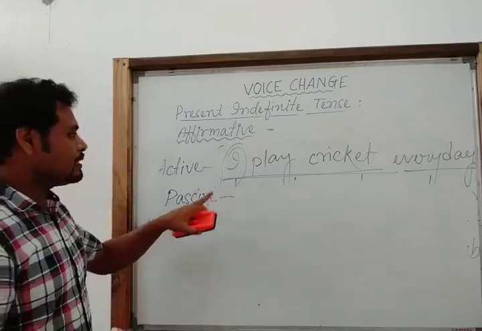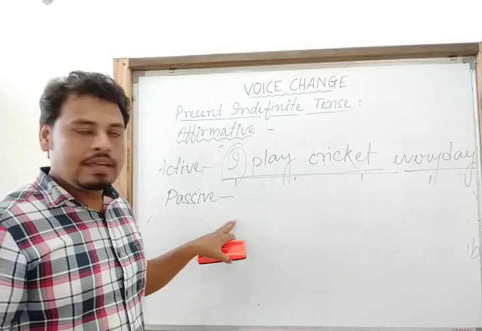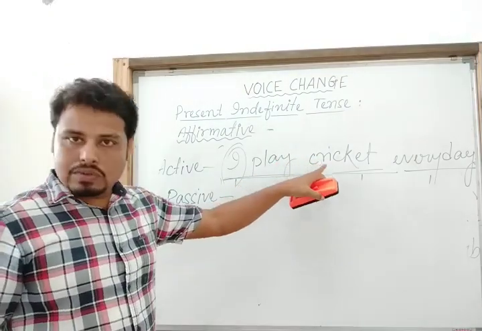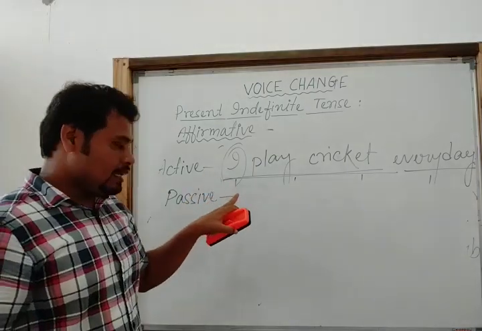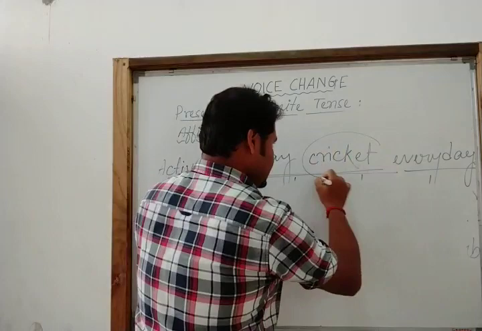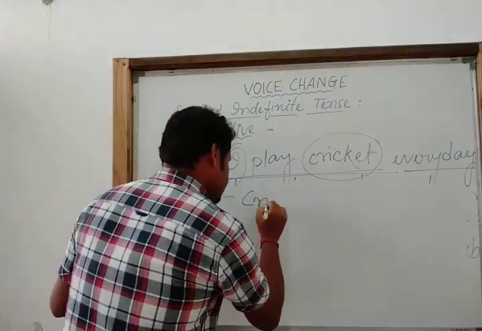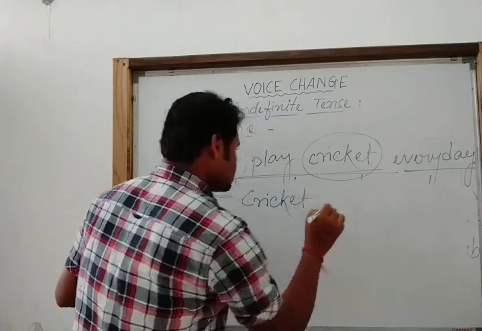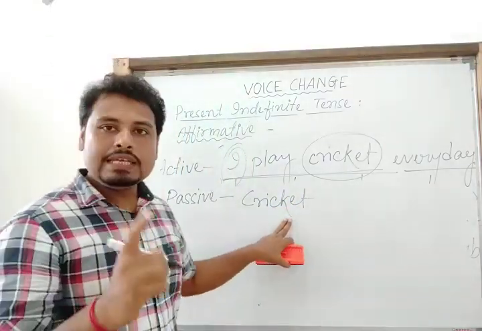While changing the active into passive, we have seen the structure. First we have to use the object of the active in place of the subject of the passive. So what is the object here? Cricket. So we use cricket first. Next we have to use the be verbs: am, is, are.